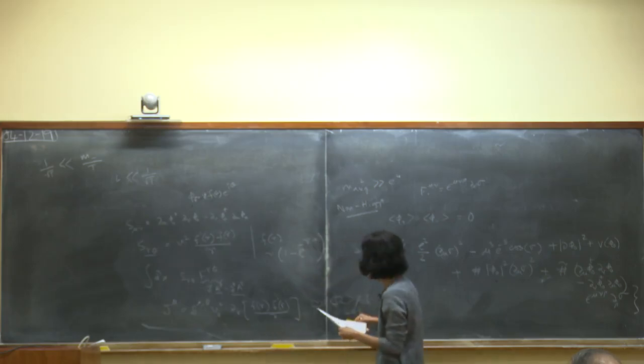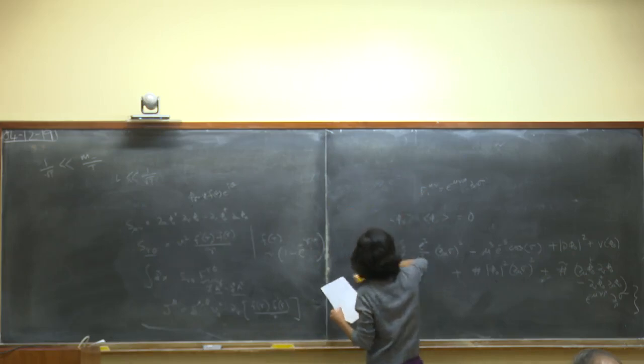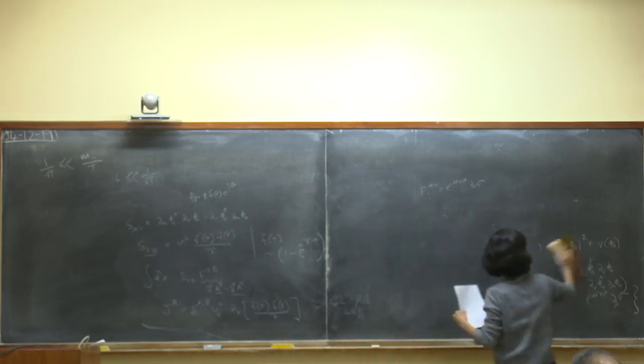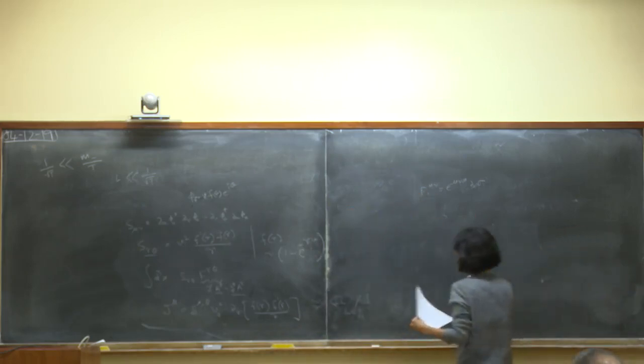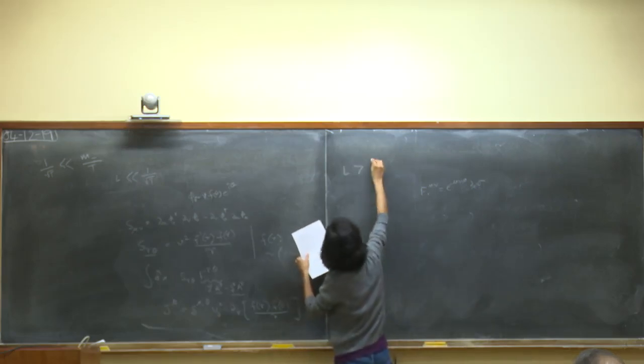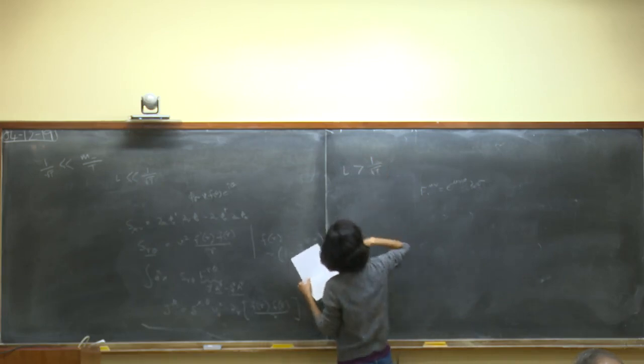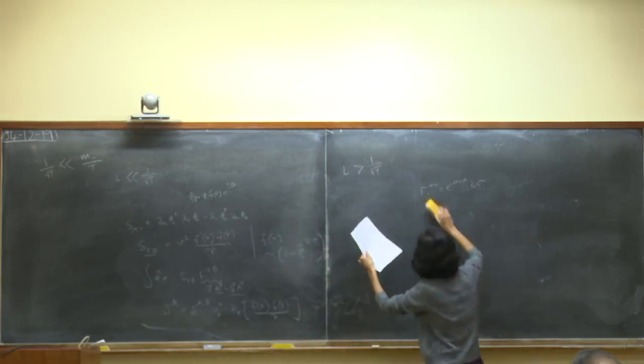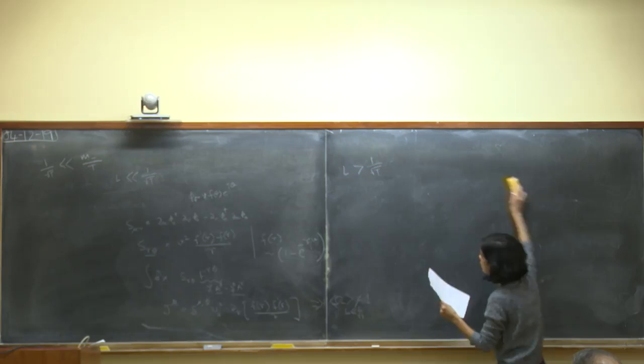Okay. So now I will look at length scales that are bigger than 1 over the square root of t. So that's bigger than the confinement scale.